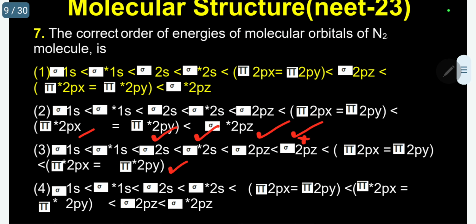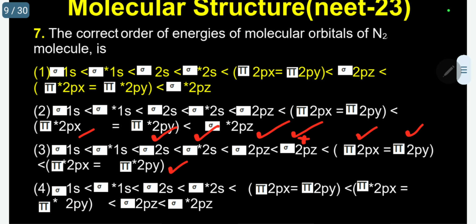Then coming over here, pi 2px equal to pi 2py. This is the lower level. It is actually filled. Coming to here, pi star 2px equal to pi star 2py. Kindly follow. So pi star 2px equal to pi star 2py at the last one.